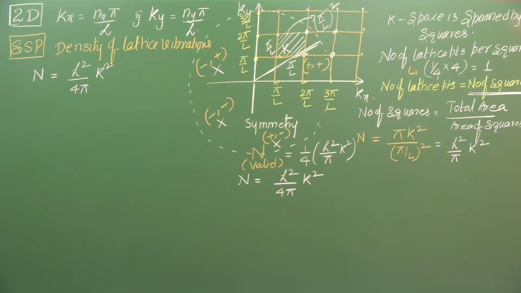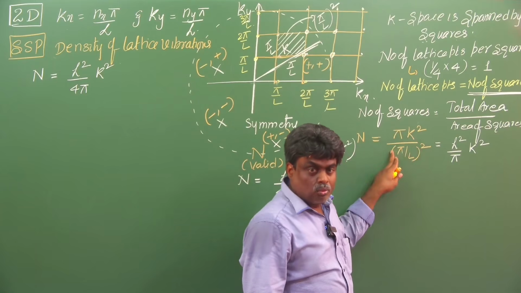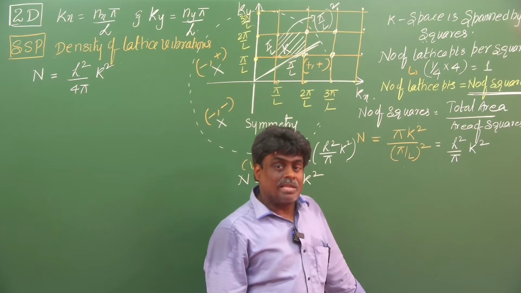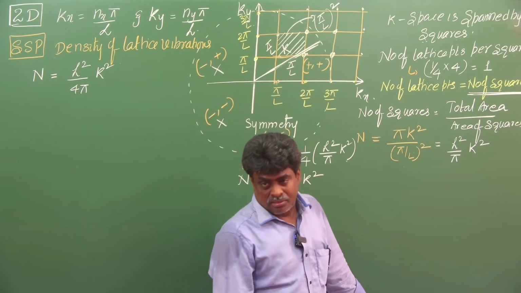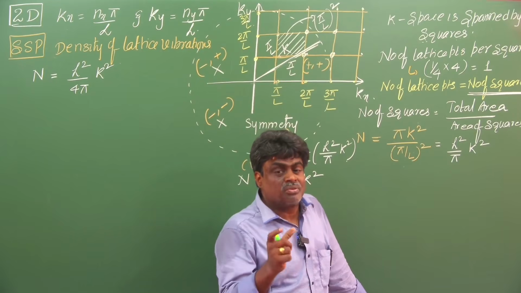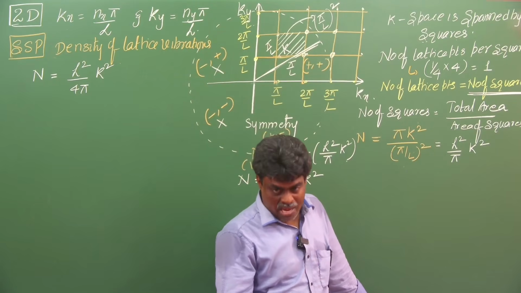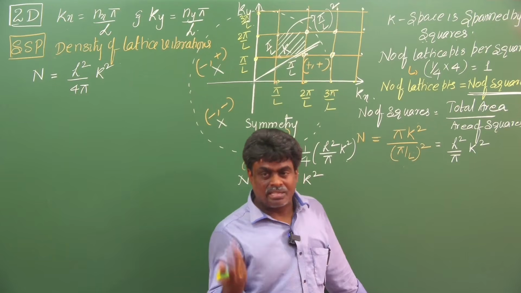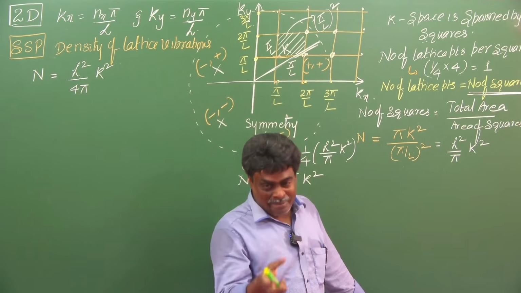Now some textbooks will write pi k square by 2 pi by L whole square. Why will they write like this? Those are hardcore SSP fans, because SSP always talks about the first Brillouin zone, whose length is 2 pi by L. That's why they divide with 2 pi by L. But in SM we won't talk about Brillouin zones, so we have to write separately like this.